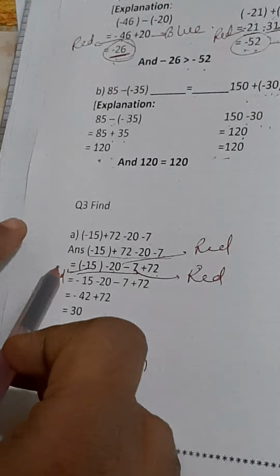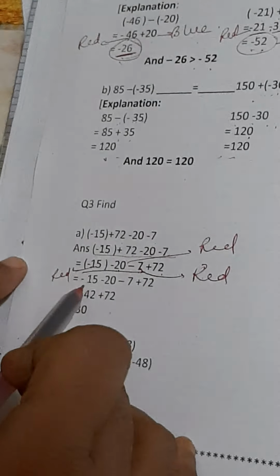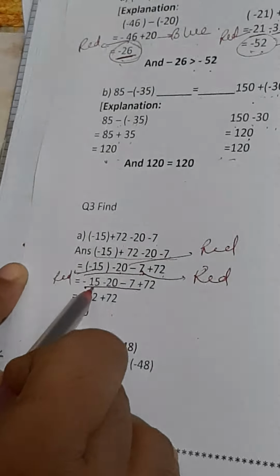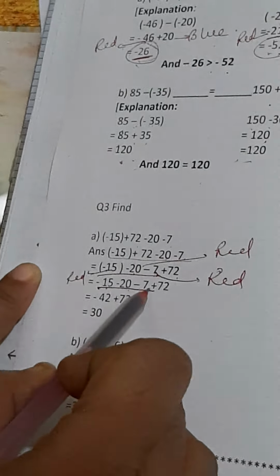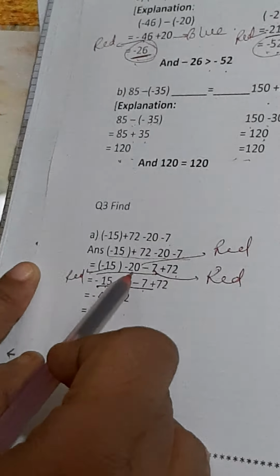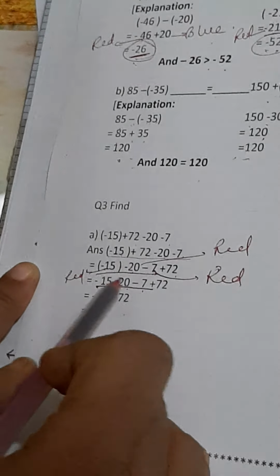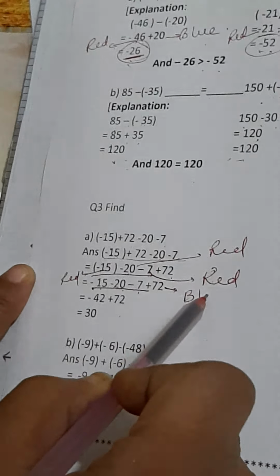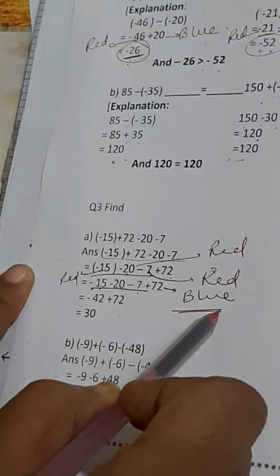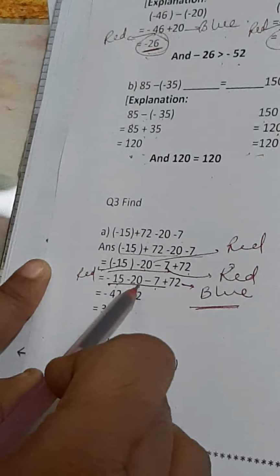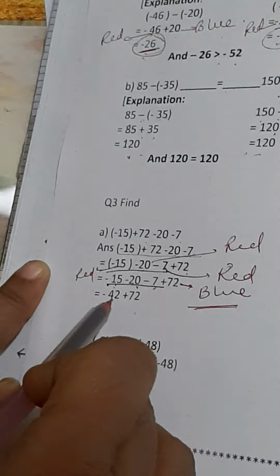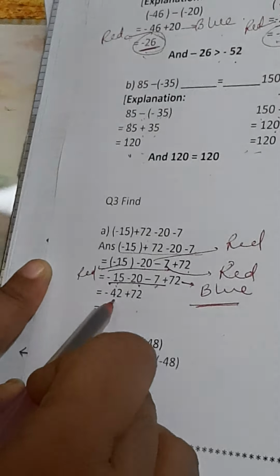Why? Because if we have same color integers, we can add them. So minus 15, minus 20 and minus 7, we will be adding all this because they are of same colors, that is red. And 72 is the only one which is of different color, that is blue. So we have added minus 15, minus 20 and minus 7, and we have got minus 42.